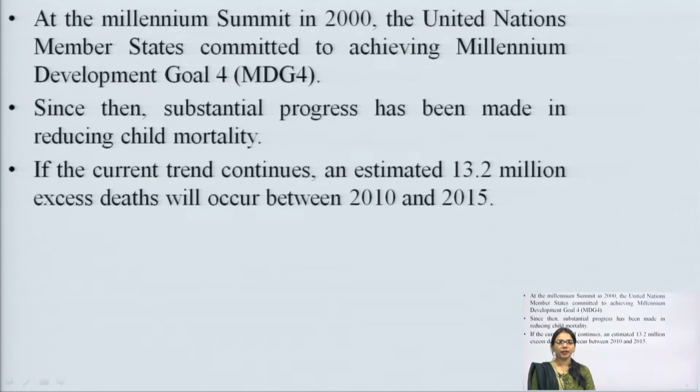At the Millennium in 2000, the United Nations member states committed to achieving Millennium Development Goal 4, MDG 4, and progress has been made in reducing child mortality. This MDG 4 is basically for reducing child mortality.